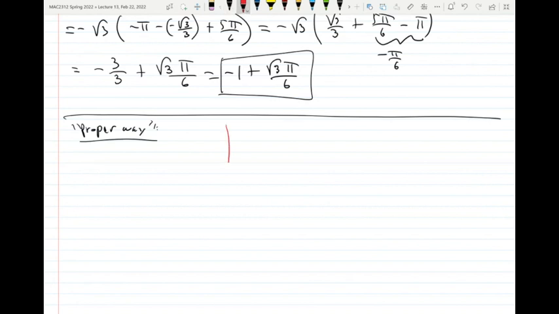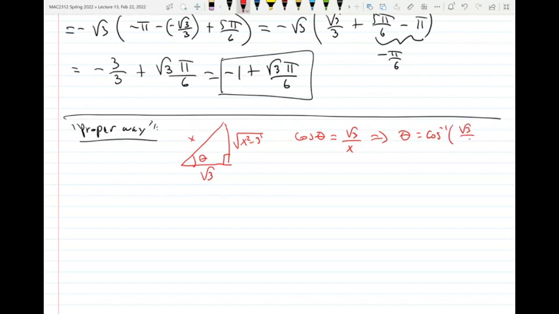We begin with our triangle, putting theta here because if you don't know what's going on, then we do it in an innocent way. So it's our x, it's the square root of 3, everything is fine. Then we start solving and we say cosine of theta is square root of 3 over x, and this tells me that theta is the inverse cosine of square root of 3 over x.